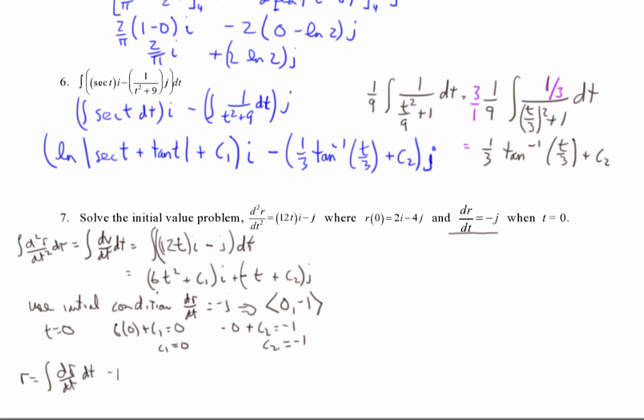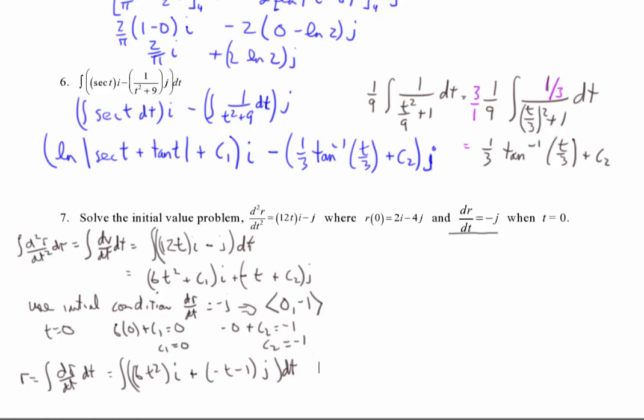And we can just go and write r equals the integral of dr dt, and we just found that, so we'll have 6t squared i plus negative t minus 1 j dt.